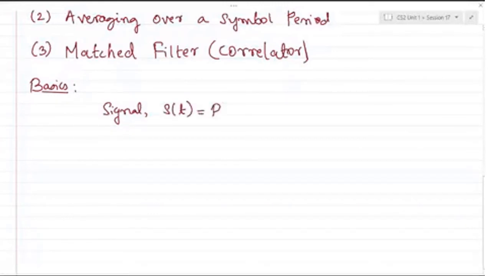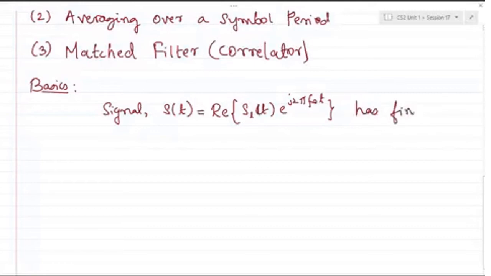The basic requirement is to recall that the signal we have represented as s(t) so far is the band pass modulated signal, represented as the real part of s_l(t) times e to the power j2πf_c t, where s_l(t) is a low pass signal. We have also assumed that it has finite energy, which allowed us to represent it in vectorial form.